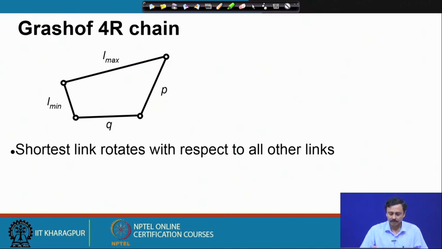As I have mentioned, the shortest link can rotate completely with respect to all other links. You can imagine, suppose this link rotates completely with respect to Q, then it will rotate completely with respect to all other links.